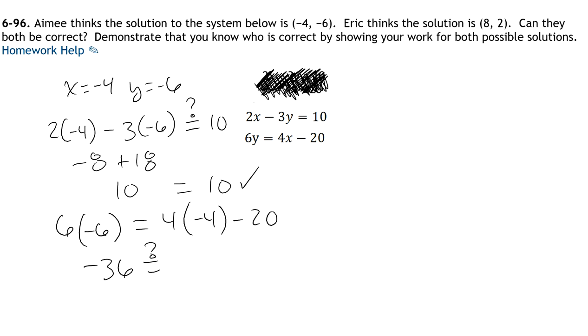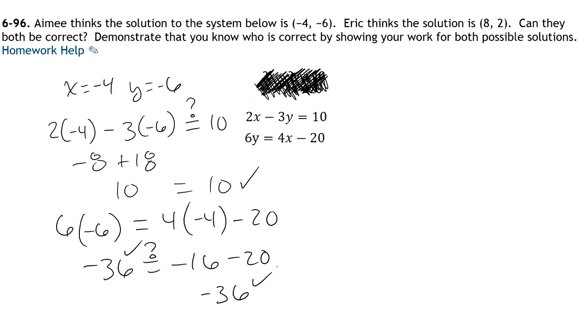Is that the same as -16 minus 20? And -16 minus 20 is indeed -36. So I think Amy's correct, right? Her point, x is -4, y is -6, satisfied both equations.